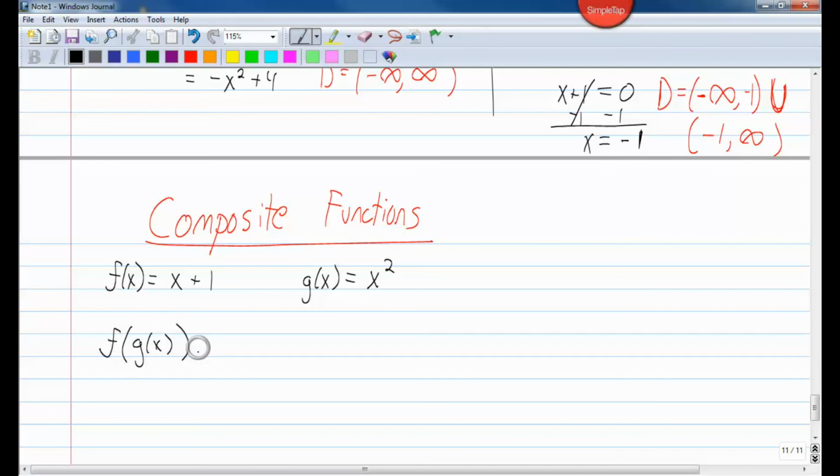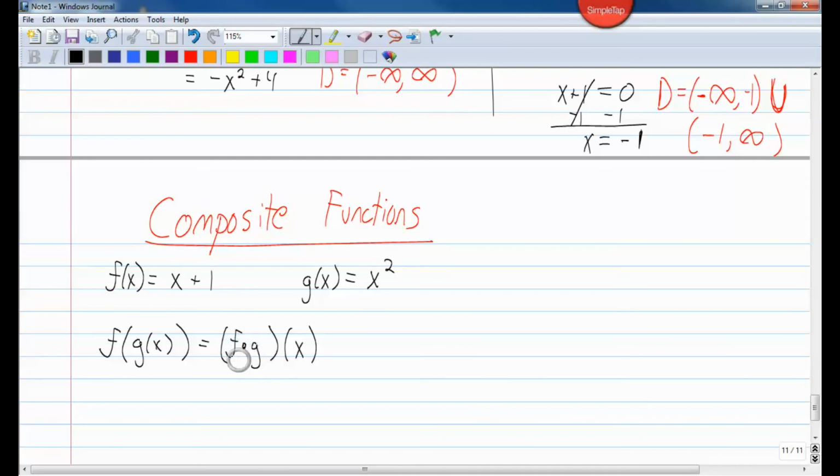So another way of writing f of g of x is using this notation. F, a little o, g of x. So if you see this, it almost looks like the word fog.